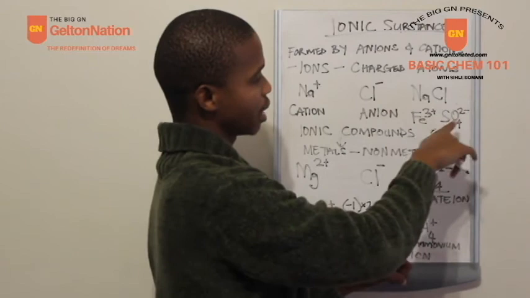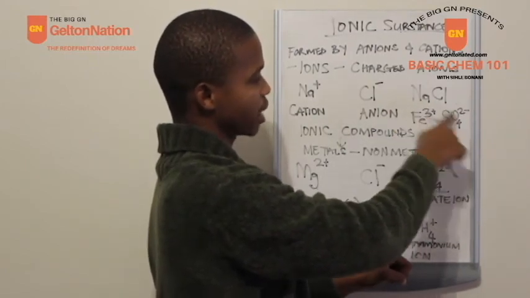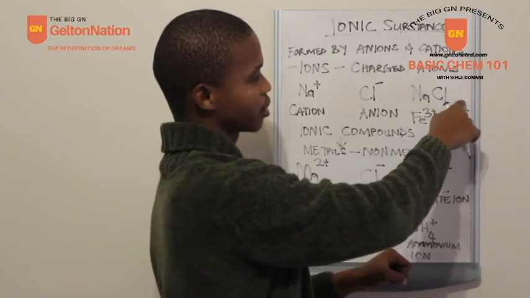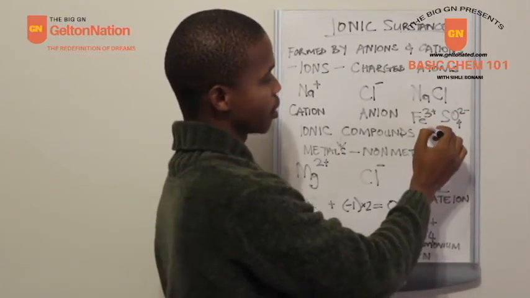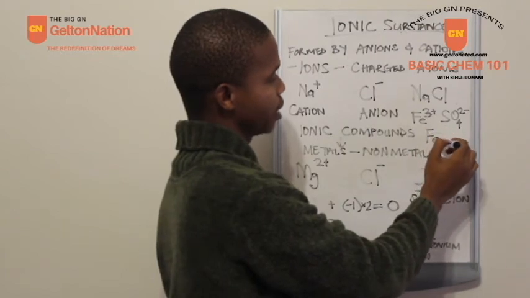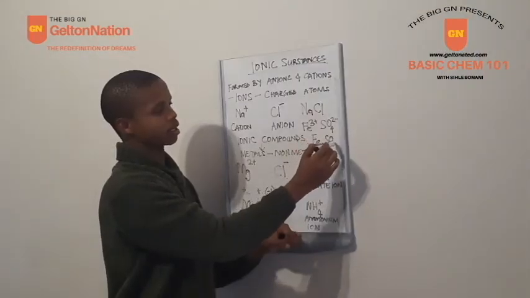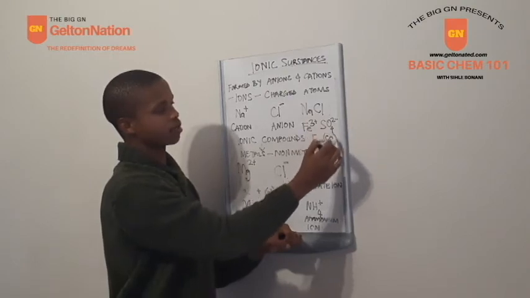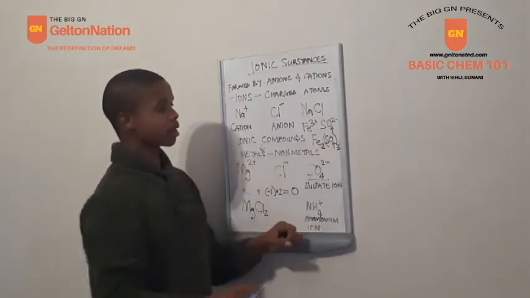For them to cancel each other out, we're going to have to multiply this by 2 to give us 6 plus, multiply this by 3 to give us 6 minus, and then it gives us 0. So it would be Fe2(SO4)3. Now this we have to put in a bracket because it is an ion. Then you have something of that nature.